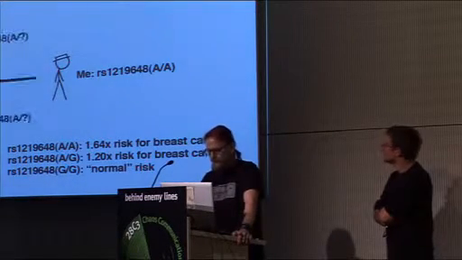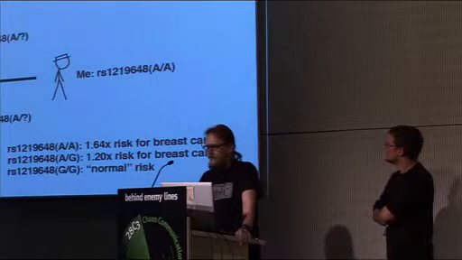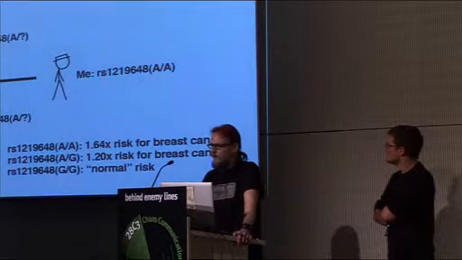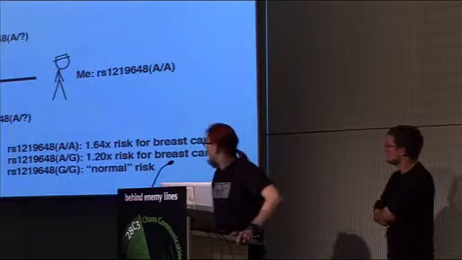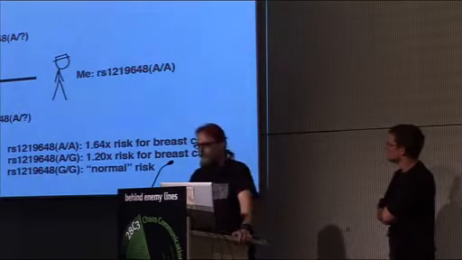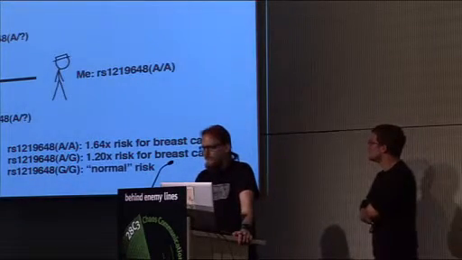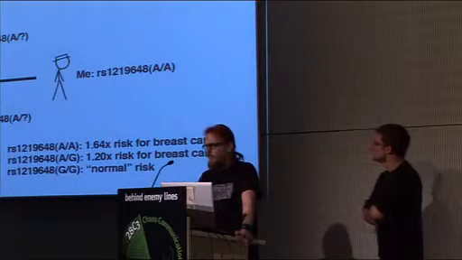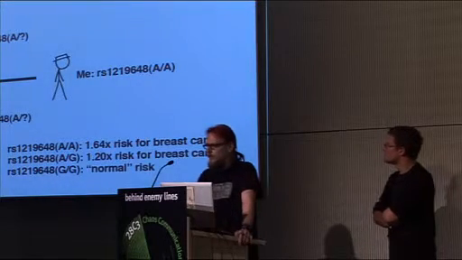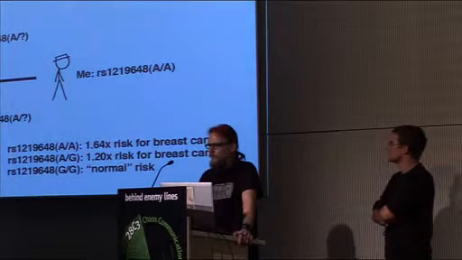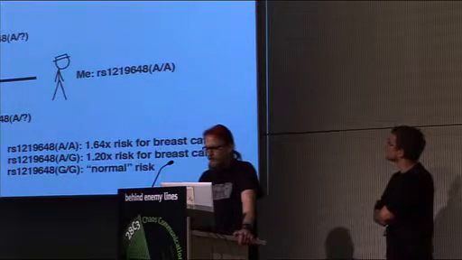But this also says that my dad and my mom will have at least one A, and this one A already means that they will have at least a 1.3 times higher risk for breast cancer as well. And with some more elaborate statistics, you can even figure out the frequencies of these alleles in the population, and you can get quite a good view on their risk factors as well.